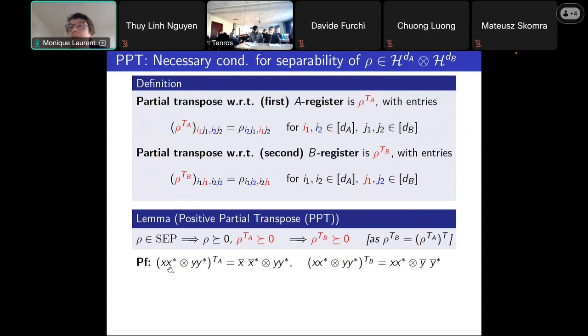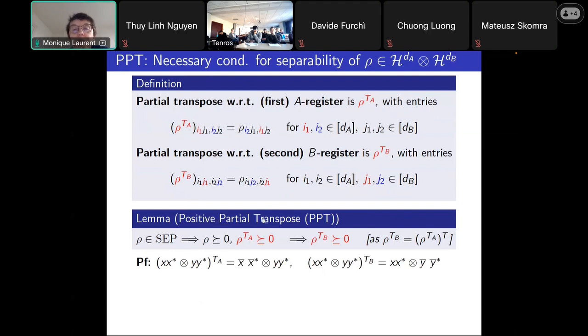Because here is a typical shape of a separable matrix, X X star tensor Y Y star, and if you apply the partial transpose with respect to the first register, it simply means replacing X by its conjugate. So you replace X X star by X bar X transpose, but you obtain again a tensor product of two positive semidefinite things, so it's again positive semidefinite.